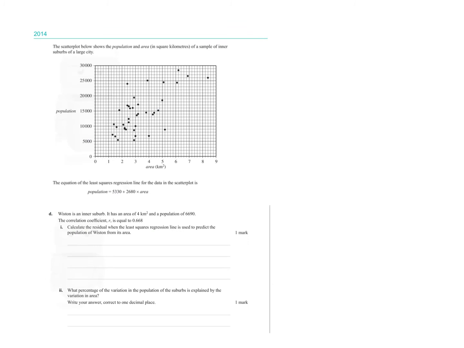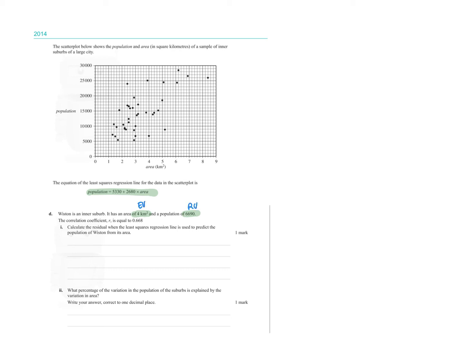Okay, the equation for the least squares regression line is given here. Winston is an inner suburb. It has an area of 4 kilometres and a population of that. So really they just gave me an EV there and an RV there.